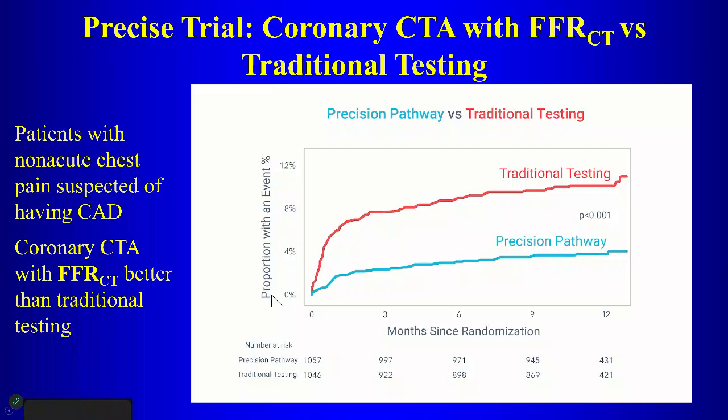And here, if we look at the proportion of cardiac events, those patients who had coronary CTA and fractional flow reserve for lesions on the coronary CTA, and then had their management based on those results, you could see that the percentage of cardiac events for these patients was less than that group of patients that had traditional testing. So this does work in terms of improving the outcome for the patient. Coronary CTA with fractional flow reserve was better than traditional testing in terms of outcomes for these patients.